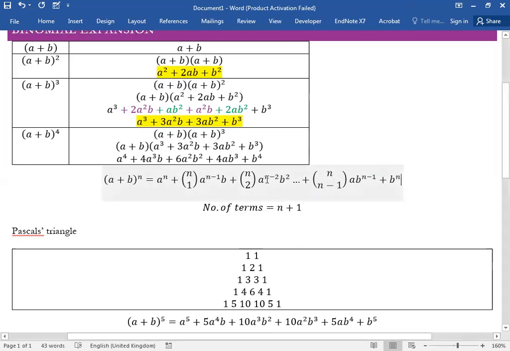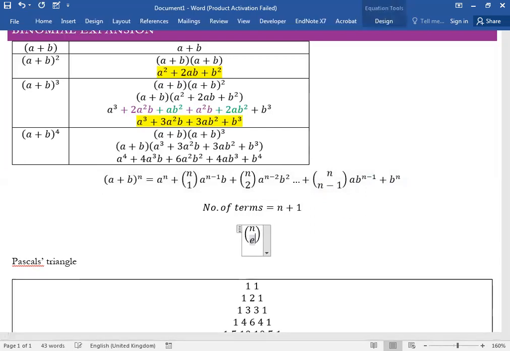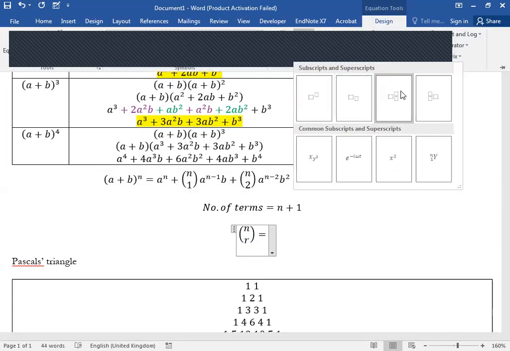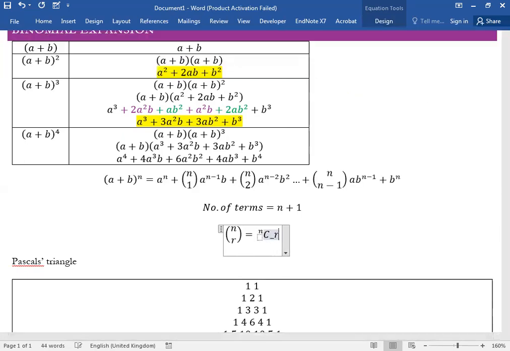Okay, now what does this mean? If I'm writing down nCr, this means nCr. Both mean the same thing.